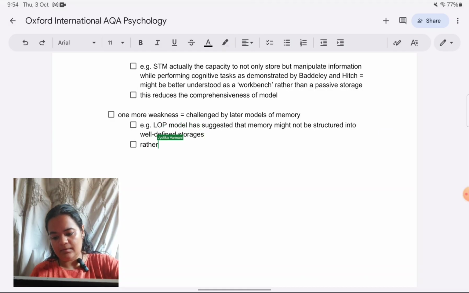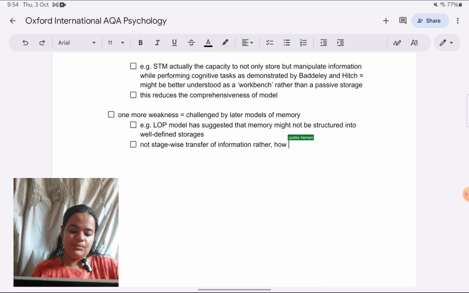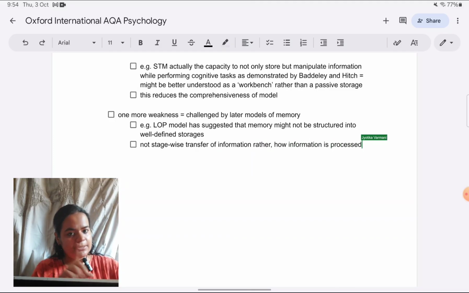Rather, it is not a stage-wise transfer of information. Rather, how information is processed determines whether it will be stored over the long term or not.